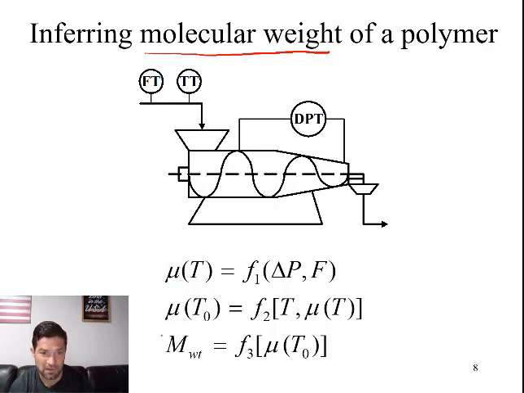Importantly, polymer physics tells us that the molecular weight of the polymer is a function of the viscosity of the polymer at a certain temperature. So by knowing the viscosity at a certain temperature, we can know the molecular weight.